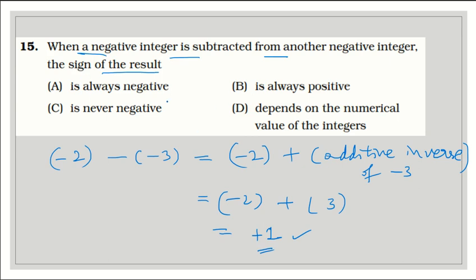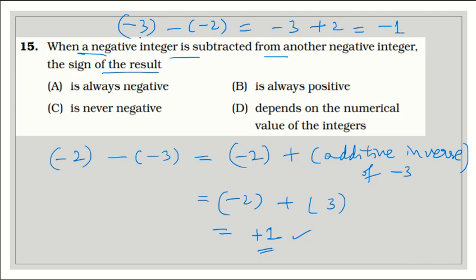The options are: is always negative, is always positive, is never negative, depends on numerical values of the integers. See, this is one situation. I can take some other situation such as minus 3 minus of minus 2. Now, it becomes minus 3 plus 2, whose answer is minus 1.